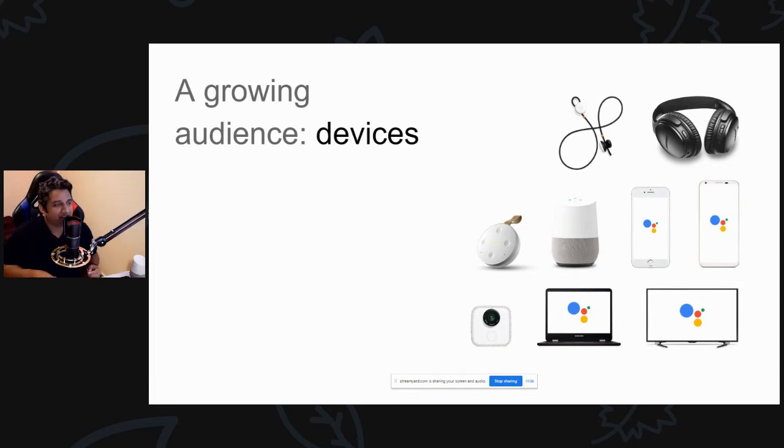So every day there's a new device out there with the Google Assistant built in, right? We are talking about headphones, earphones, mobile phones, Chromebooks, cameras. We're talking about TVs and even cars. So we have the Android Auto and we have the Google Assistant built into cars right now.